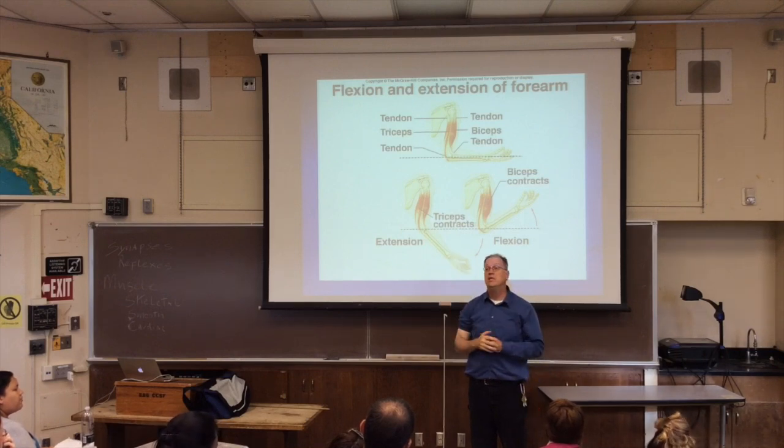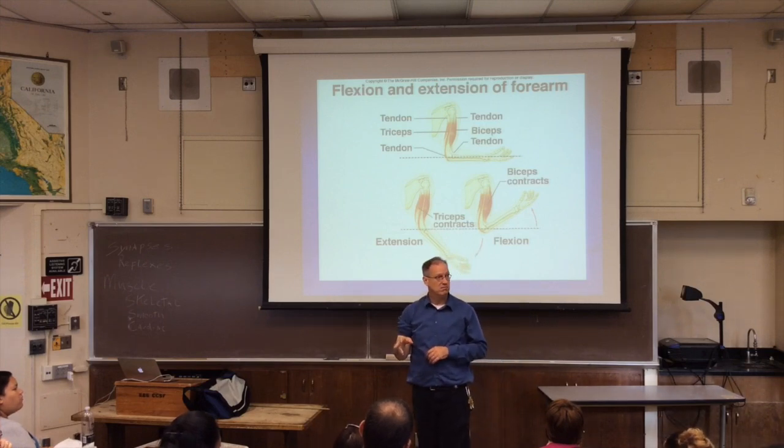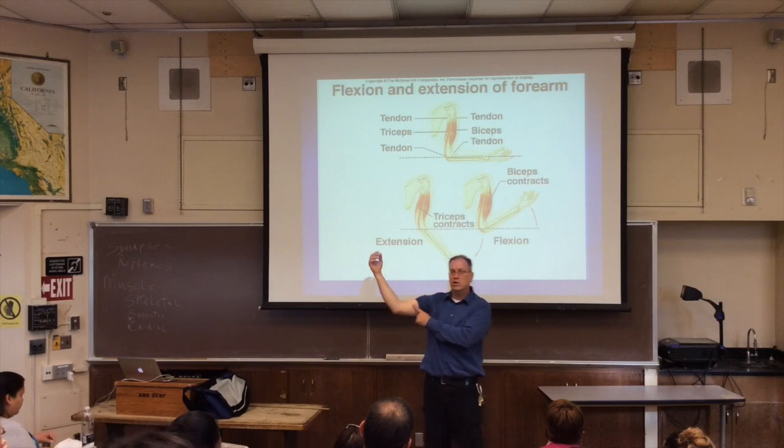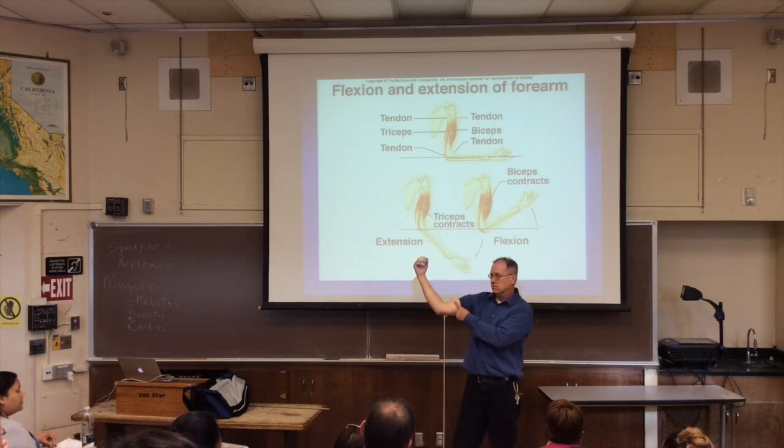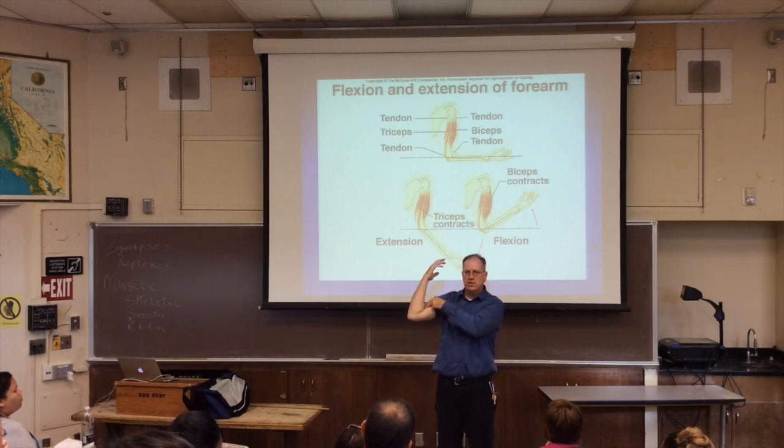Now, I surveyed you at the beginning of the class, and about 60% of you said you had already had anatomy, right? So, what's the name of this muscle here? It's the bicep. And the bicep's job is to pull this arm this way. The only thing a skeletal muscle can do is deliver force by shortening up.